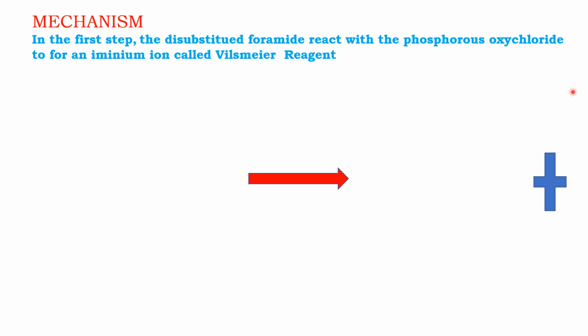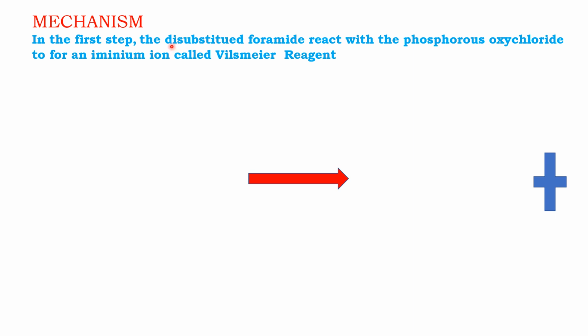In the first step of the mechanism, an iminium ion is formed by the reaction between disubstituted formamide and phosphorus oxychloride. Vilsmeier used dimethyl formamide with phosphorus oxychloride and got the intermediate, which he named the Vilsmeier reagent.